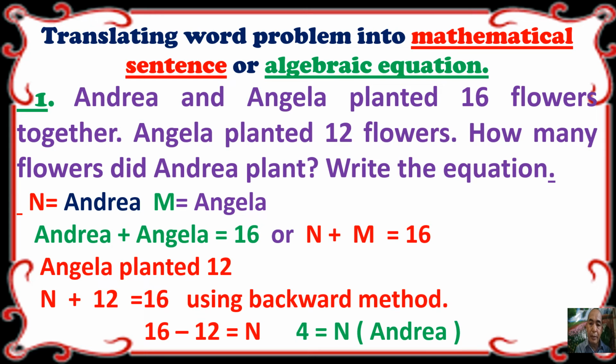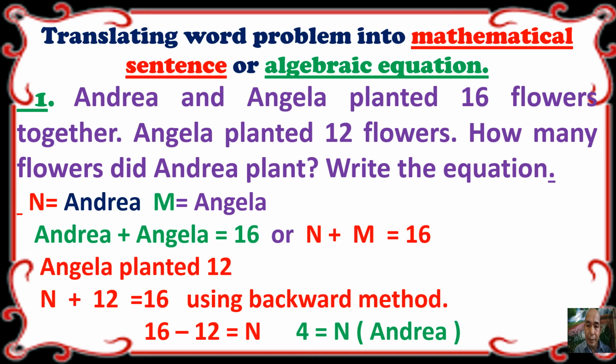That is, we will subtract 12 from 16 because 16 is the total number of flowers planted by the two of them, and we will subtract the number of flowers planted by Angela to get the number of flowers planted by Andrea. So we have 16 minus 12 equals n.